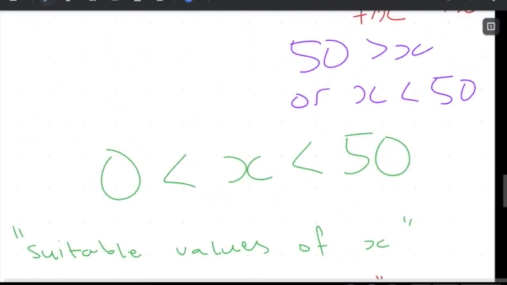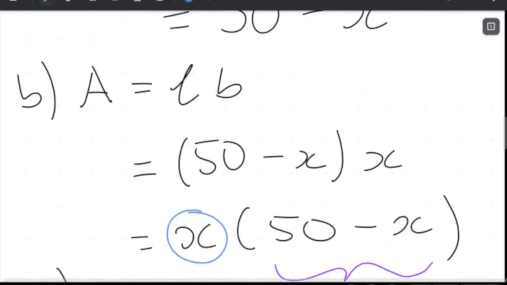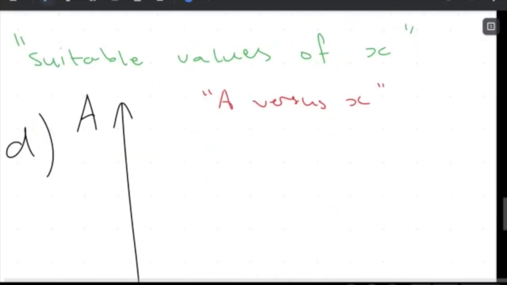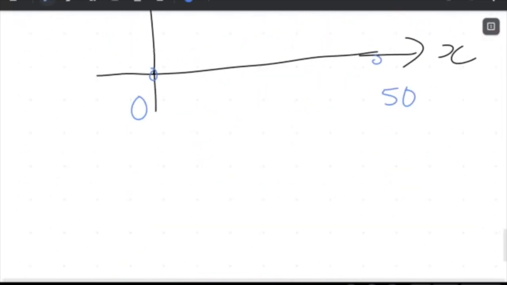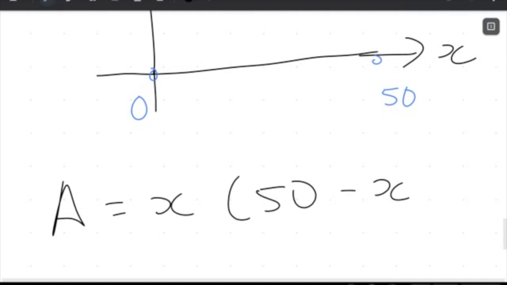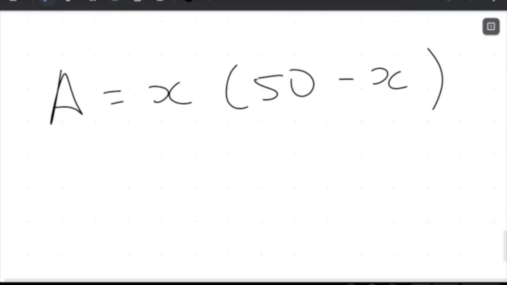So let's go back to my expression for my area up here. My area equals x outside of 50 minus x. I want to think about how I can sketch this thing here. Now, I can expand this as well.